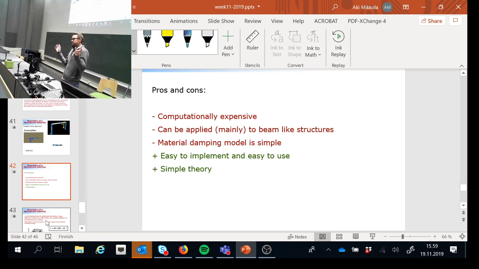And this is typically something that integrators have a hard time dealing with. Typically they set their time step such that these high frequencies are accounted for. Often they have no particular meaning, but they still slow down the computation. But we can get back to that in this laboratory course, and it can mainly be used in beam-like structures. Material damping is quite simple, very easy to use, simple theory.